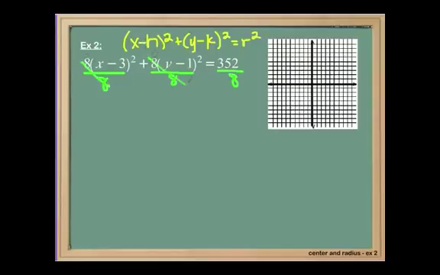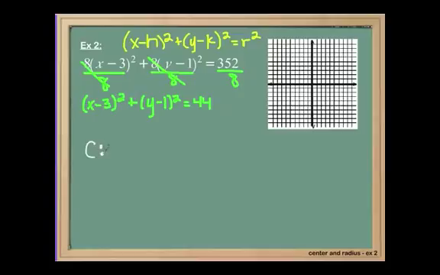On the left-hand side, I am now left with x minus 3 quantity squared plus y minus 1 quantity squared equals 352 divided by 8, which is 44. Now what you should notice is this looks exactly like we need it to. It is in standard form. So we want to start by finding the center.